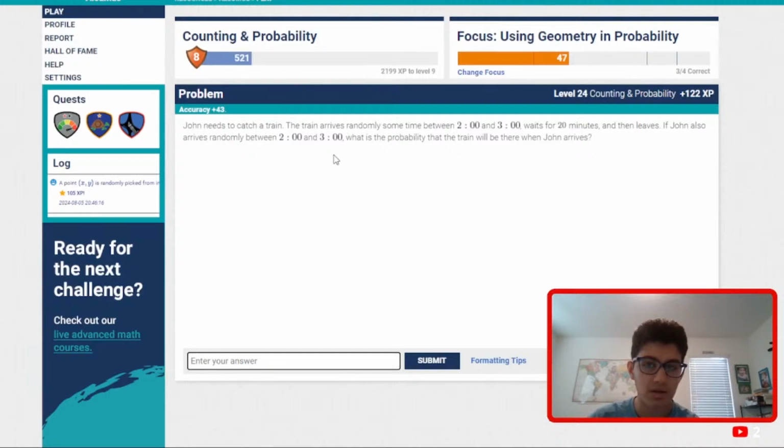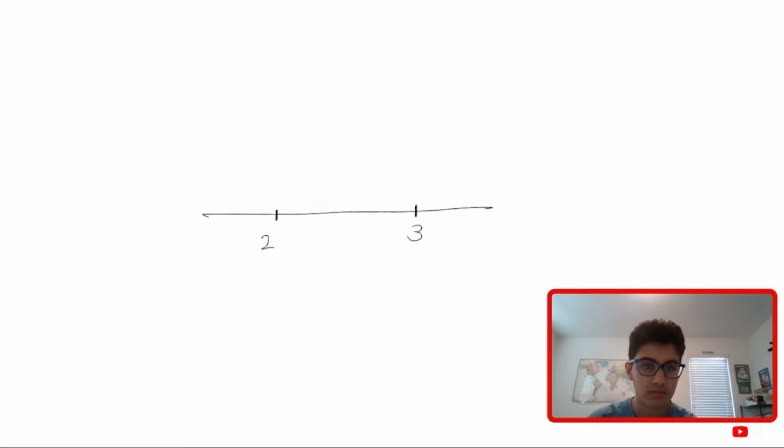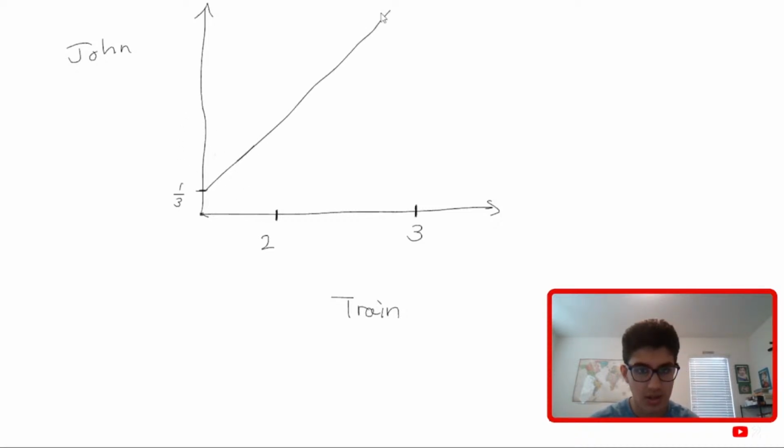Well, okay. Let's say that this is the train and this is John, right? This is John. And then this is the train. So the train is going to arrive. This is 1/3, and it's got a slope of 1. I think this is kind of what it's like.